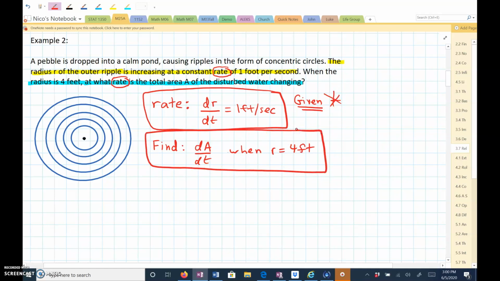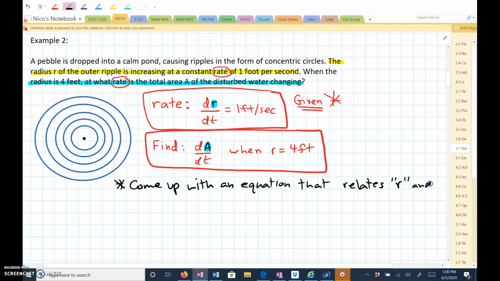Now the first thing I have to do is come up with an equation that relates r and A that deals with the problem.